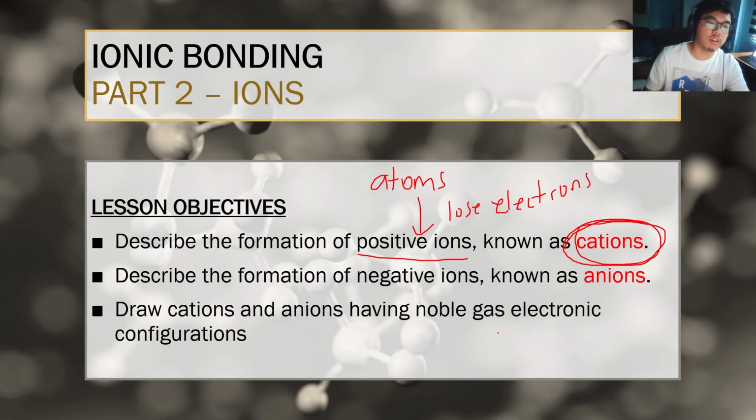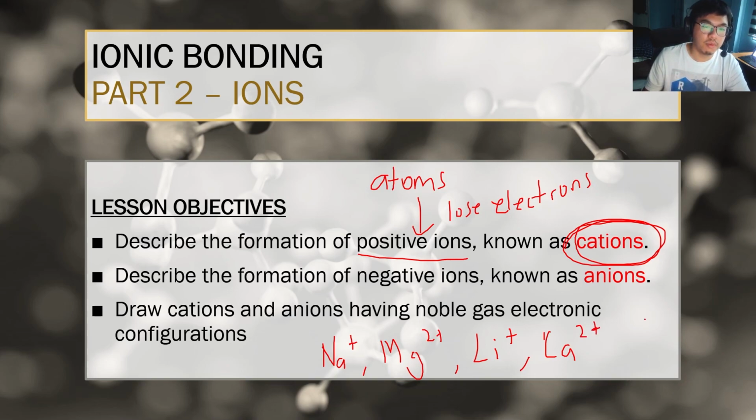When they lose electrons, there are more positive protons inside than electrons, and that's why they become positive ions. Some examples of positive ions are, as we can see, Na+ sodium ion, and then Mg2+ magnesium ion, and then Li+ lithium ion, and also lastly Ca2+, which is calcium ion.